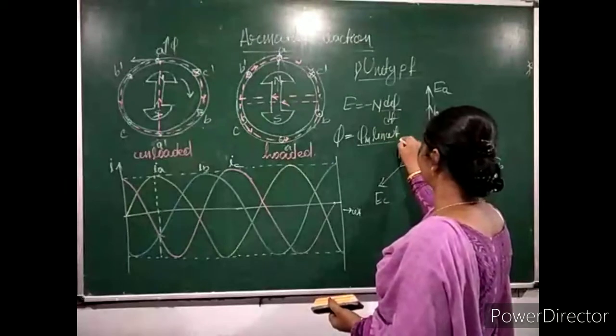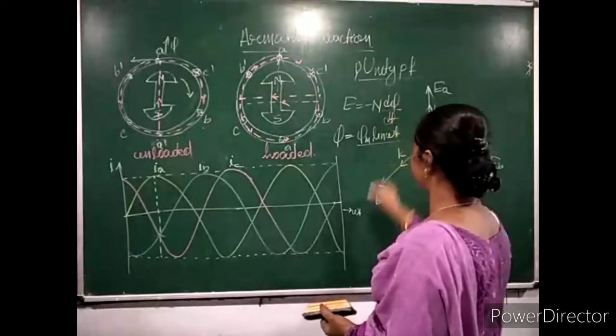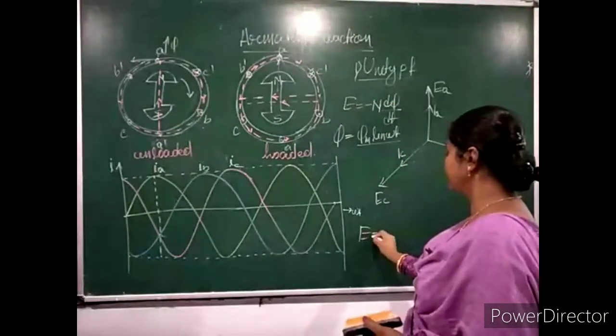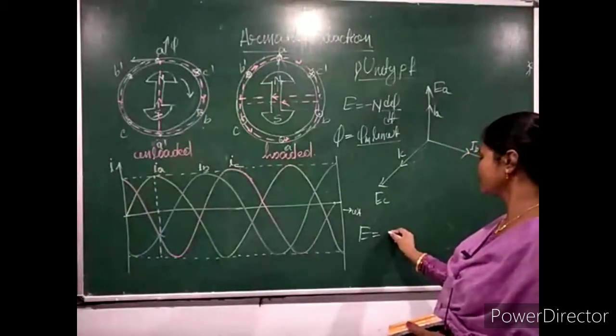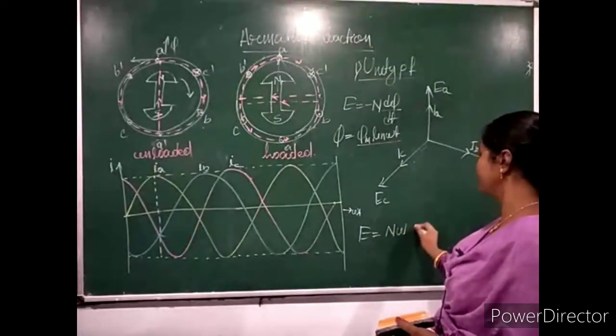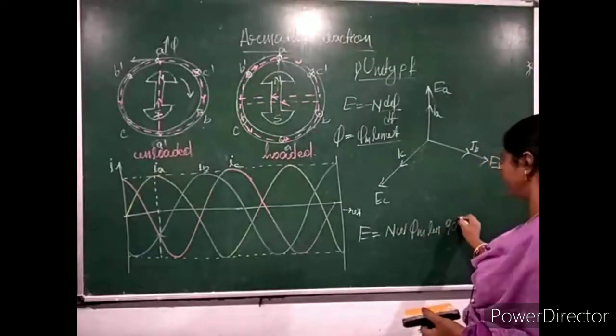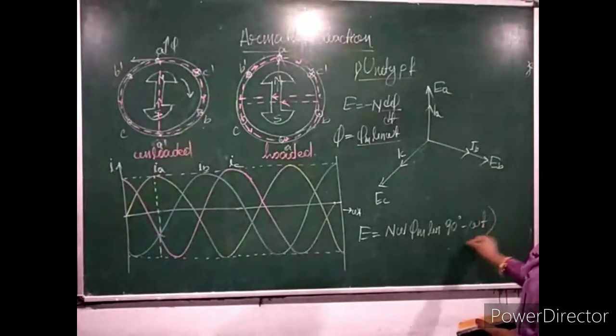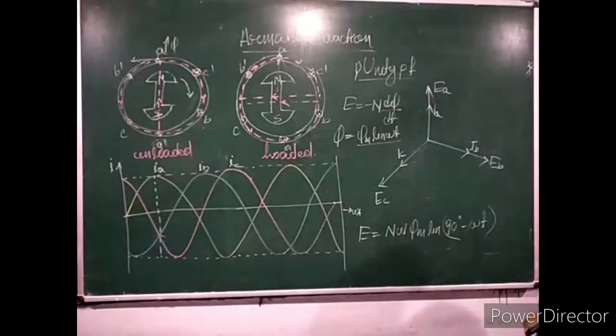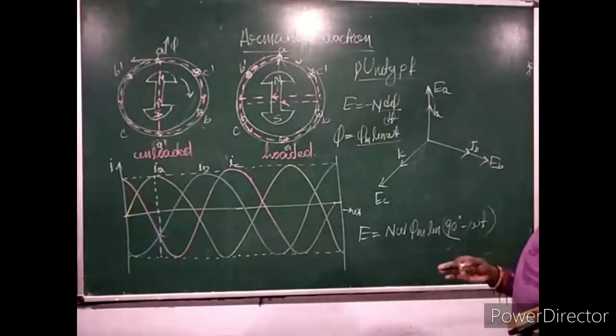If you put this value in this equation, you get E as N omega phi m sin(90 degrees minus omega t). And from where do you get this equation?